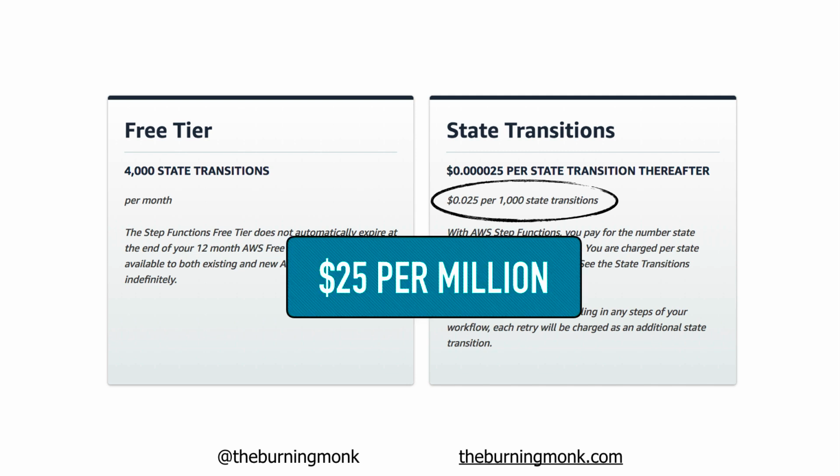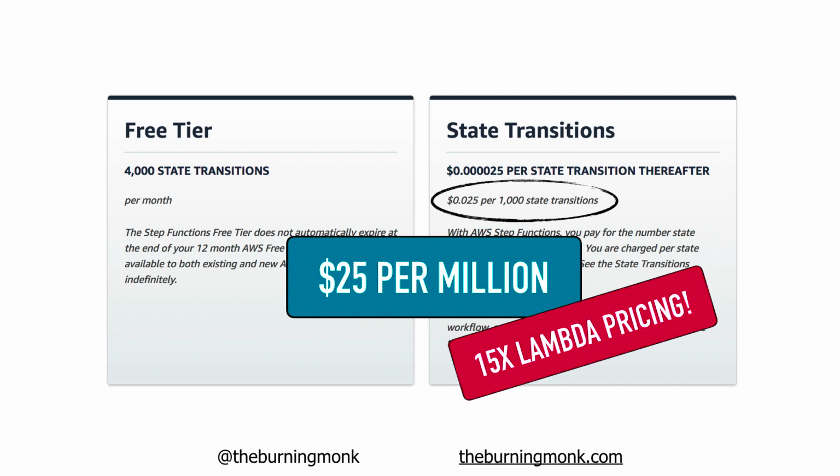At 2.5 cents per 1,000 state transitions, it works out to be about $25 per million state transitions, which actually makes Step Functions one of the most expensive services you have on AWS, and is easily over an order of magnitude more expensive compared to the Lambda cost you're going to incur as part of your workflow as well, because you have to pay for Step Functions and you also have to pay for any Lambda functions that are executed as part of your workflow as well.